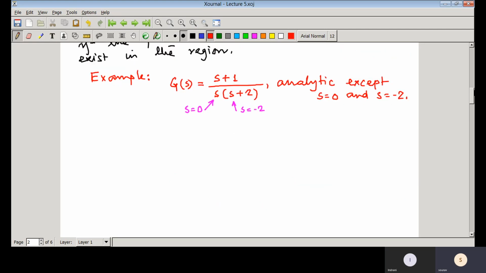Similarly, this function I have taken is a rational function. If you take another function, suppose gs equal to s plus 1, it is very easy to understand that if you put any values of s here except infinite, that means if you consider that finite s plane, this function is analytic. You can also check that if you take derivative of that function, all derivatives would exist.